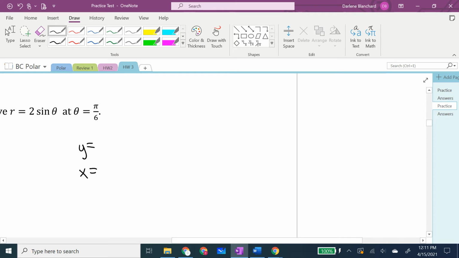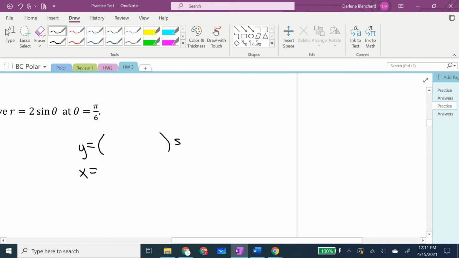Now, I will tell you that I write my y's on top so that I don't mess up when I do slope. Do some of you feel me on that one? If I write the x on top and the y on the bottom, I'm bound to accidentally have a dx dy.